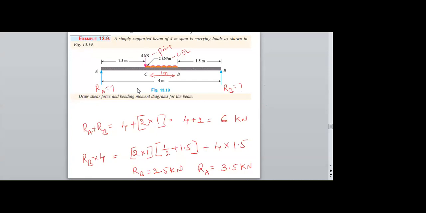Therefore, I need to consider the equilibrium condition. That is, whatever forces are moving in the upward direction need to be balanced by the forces moving in the downward direction. Therefore, here the downward force is 4 kilonewtons, and the UDL needs to be converted into a force, because the UDL is in kilonewton per meter, but the reaction forces need to be in kilonewton only.